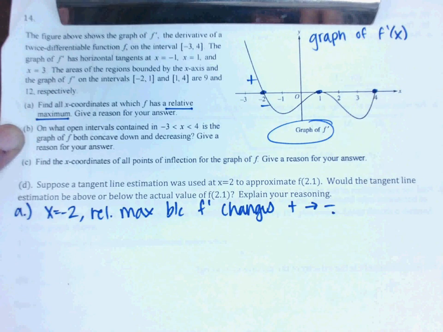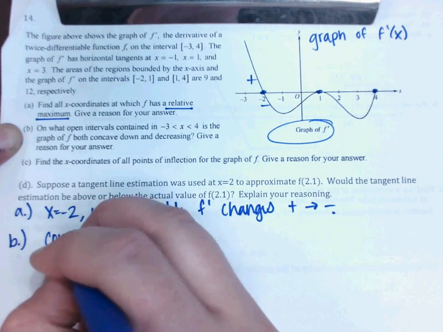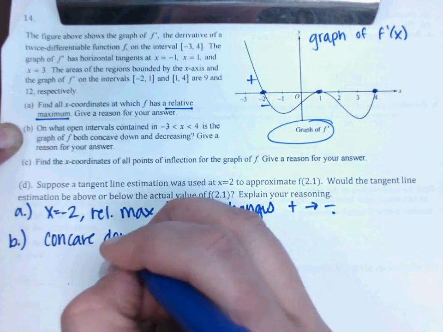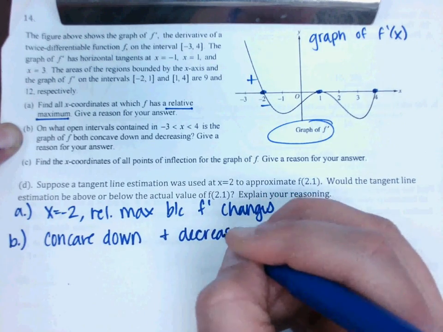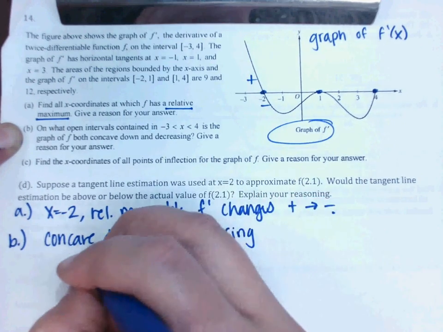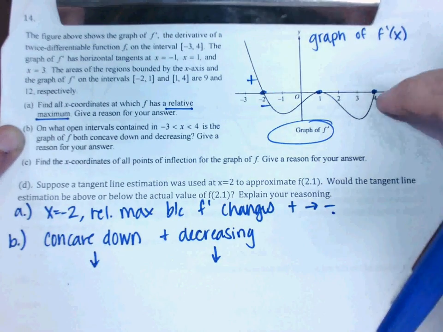Part B, where is the function concave down and decreasing? Okay, so let's think about that now. I'm going to write concave down and decreasing. Okay, let's talk about what those things are. Now, do they want this graph to look concave down? No. They want f to be concave down. Is this f?